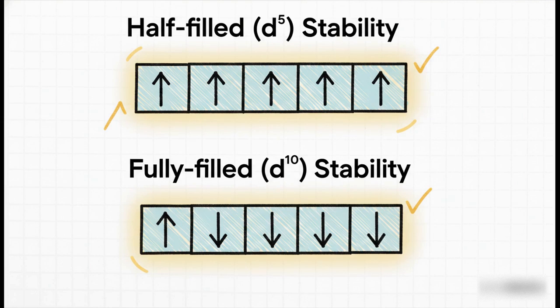Why break the rules? Well, it's all about finding the most stable, lowest energy state possible. And it just so happens that there's a special kind of stability that comes from having a d subshell that's either exactly half full, like chromium's d5, or completely full, like copper's d10. The atom is actually more stable by promoting that s electron up. It's like a small investment for a big stability payoff.